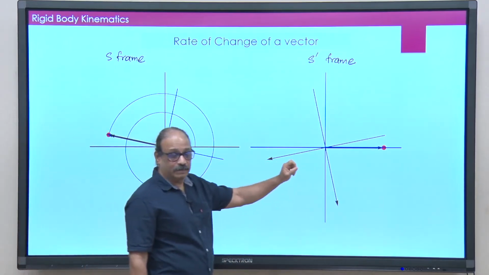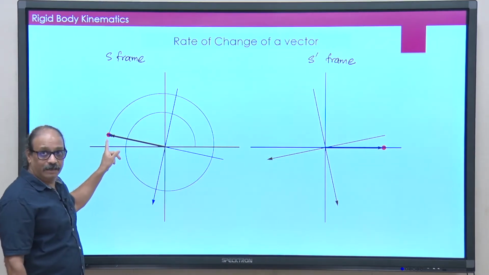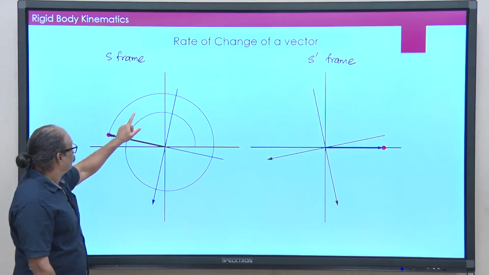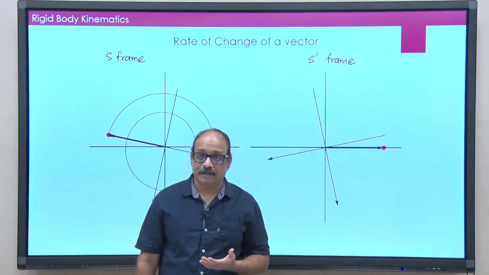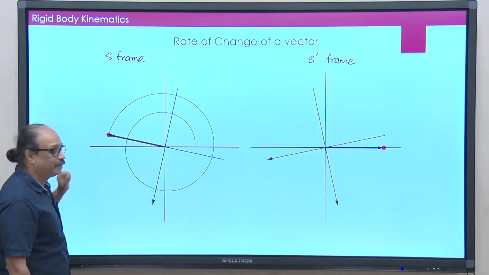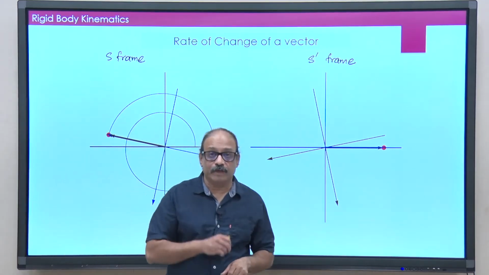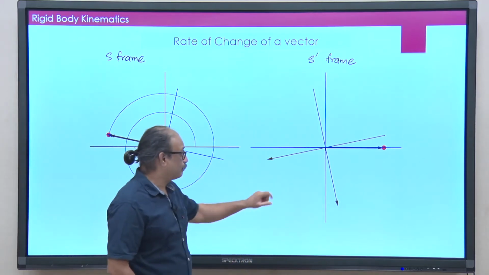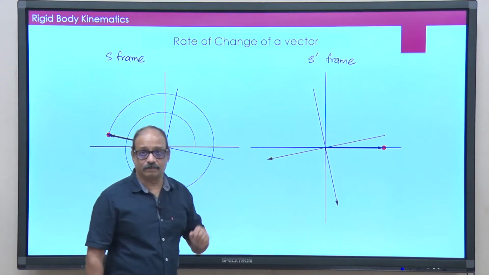That velocity vector will be seen here along the x prime direction, but wait, if you look at the trajectory of the particle here, the velocity defined by the S frame will be tangential to the trajectory, and that would be in this direction, not along the x direction. So, when the frames are moving, the velocity vectors are not the same. Their trajectories look completely different, and if their trajectories look different, then their velocities also will be different.